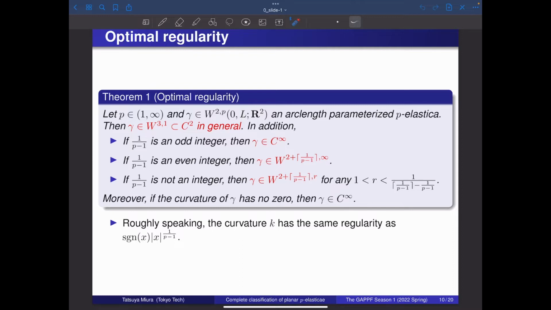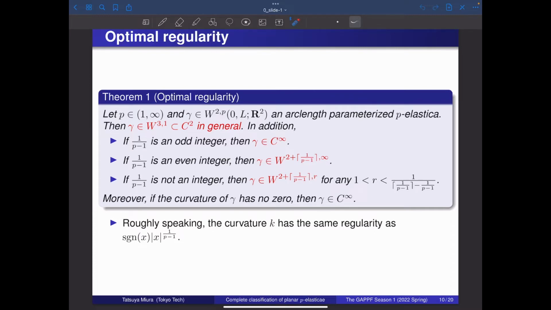Okay. And moreover, I also mention that if the curvature of the p-elastica has no zero point, then the curve is again smooth. So the loss of regularity only occurs at the zero of the curvature.